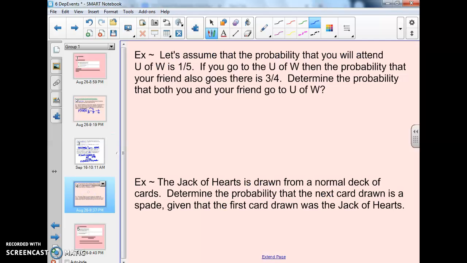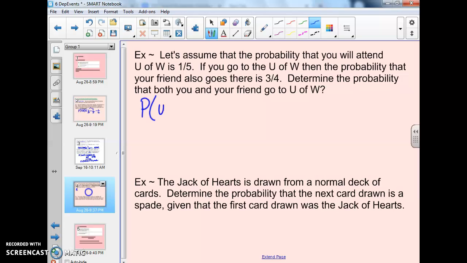The next example says, let's assume that the probability that you will attend the University of Windsor is 1/5. The probability that you go to the University of Windsor, given that your friend also goes, is 3/4. Determine the probability that you and your friend go.